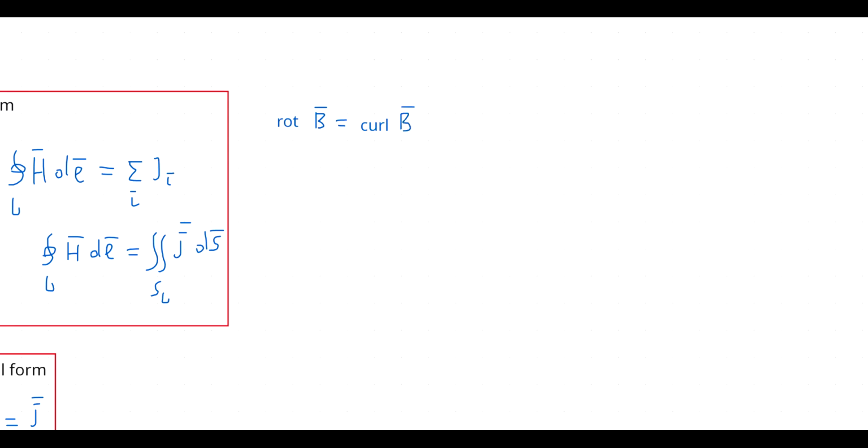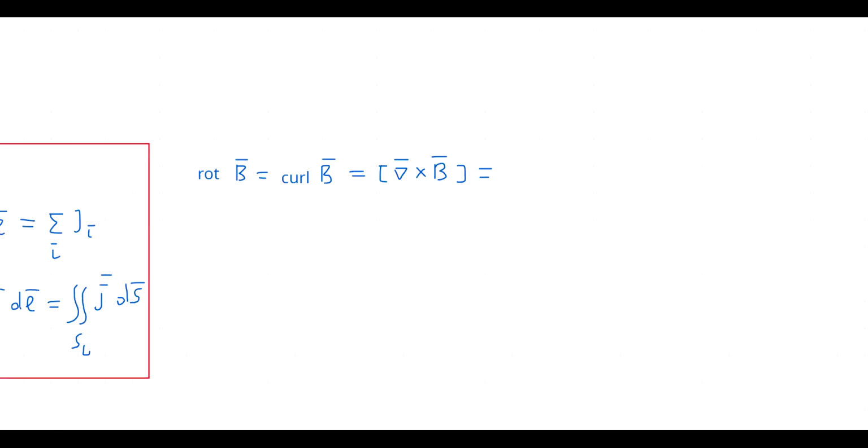This is the same as the vector product of the del operator multiplied by B, and this is the same as the determinant with i, j, k, and here it is necessary to write that we have d/dx, d/dy, and d/dz.